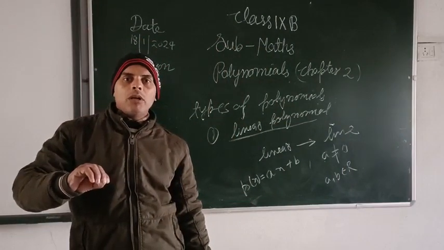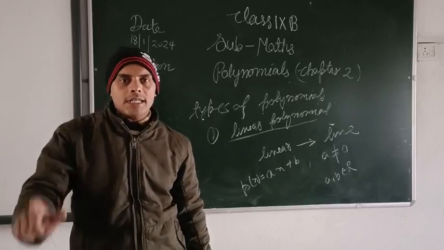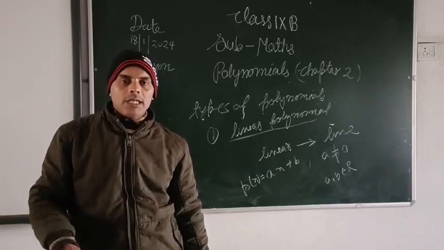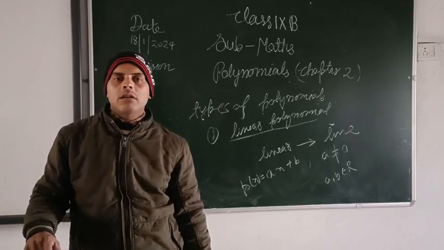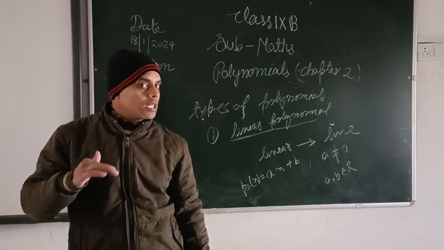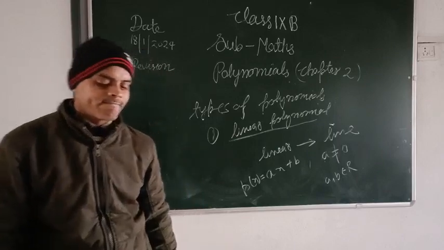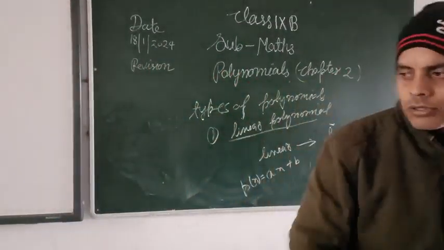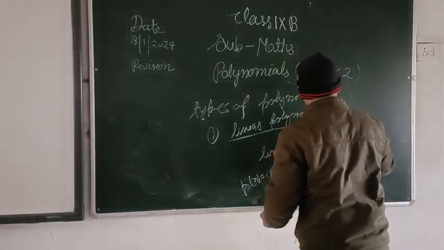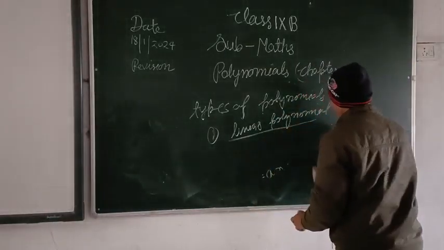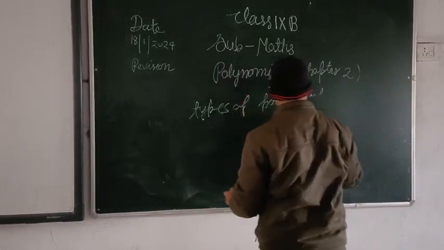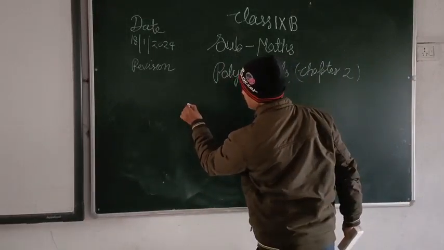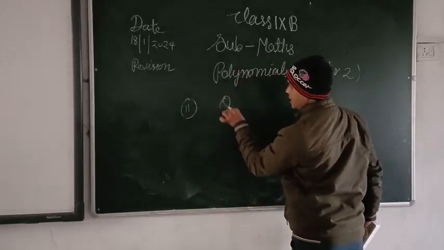In a polynomial, the highest power, that one is known as its degree. Okay. So next one is quadratic polynomial. Second one is quadratic.